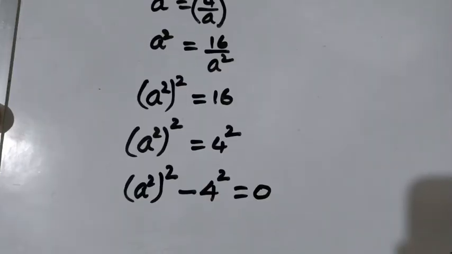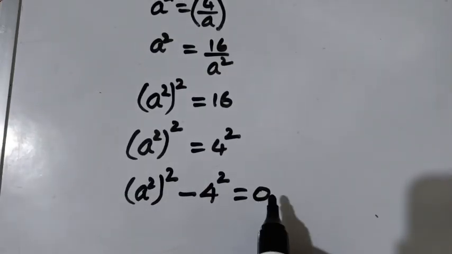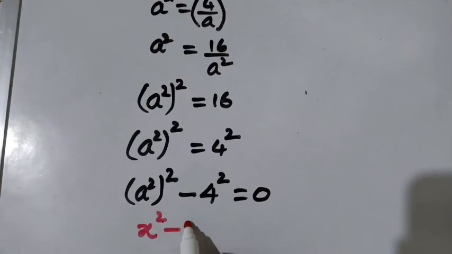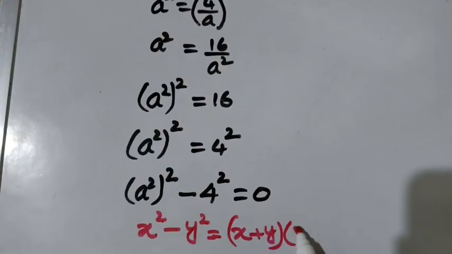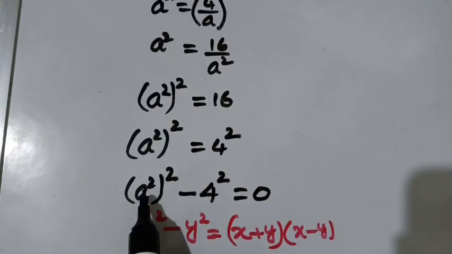This comes under the form x square minus y square, and this becomes (x plus y) times (x minus y). So using this algebraic identity, here we can take x as a square and y as 4.